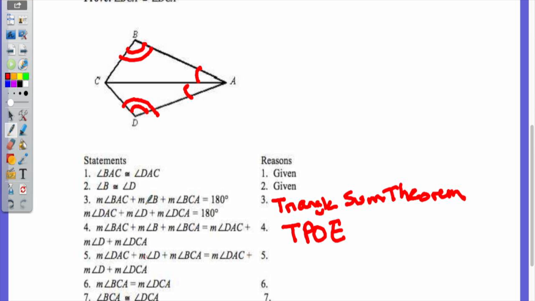Now, to get from step 4 to step 5, we're taking out the measure of angle BAC and we're putting in its place the measure of DAC. We're taking out the measure of B and we're putting in the measure of D. But we're not changing measure of BCA and BCA. So that's substitution.